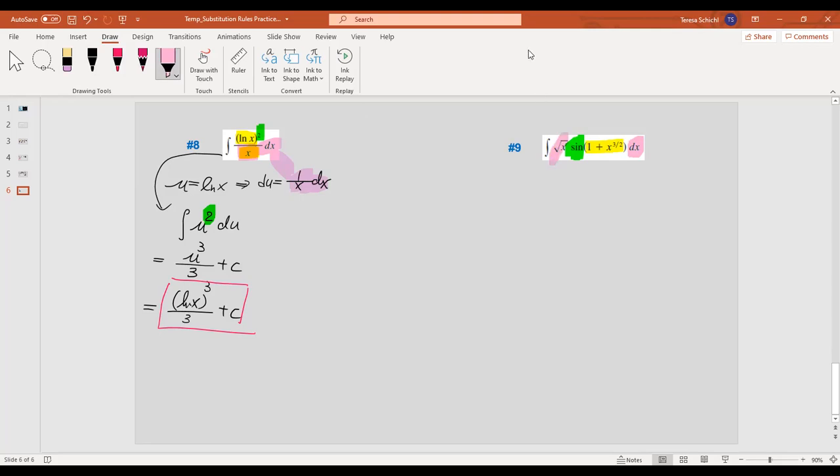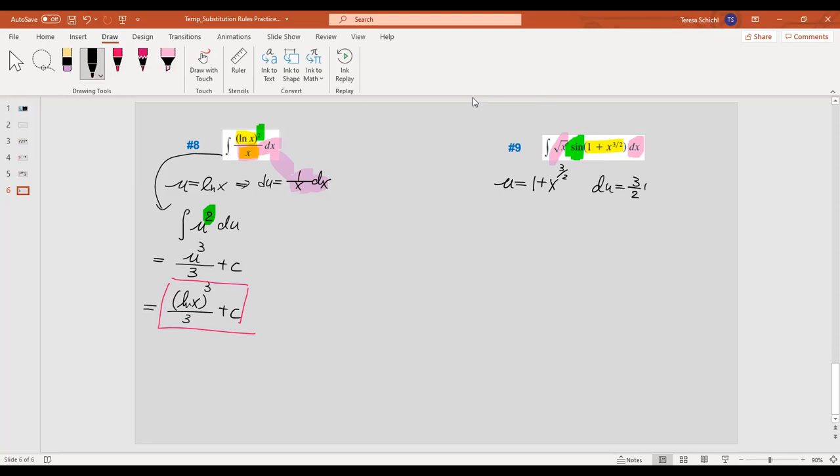Now if this is your decision, I can rewrite this. I would say u is equal to 1 plus x to the 3/2. That's what I decide. The yellow one is u. Then du: 1 is a constant, so it disappears.